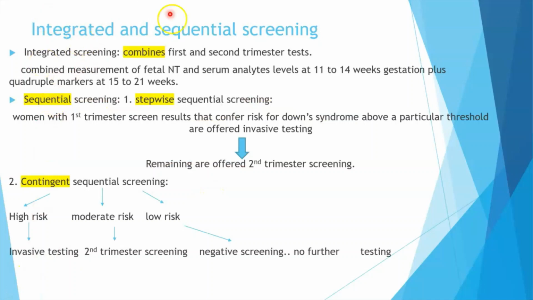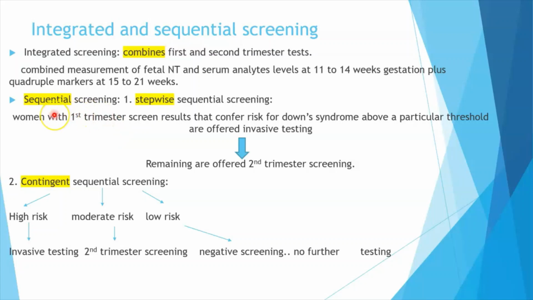Now, what is integrated and sequential screening? Friends, integrated screening is that which combines first and second trimester tests. It is a combined measurement of fetal NT, that is nuchal translucency, and serum analyte levels at 11 to 14 weeks gestation plus quadruple markers at 15 to 21 weeks.